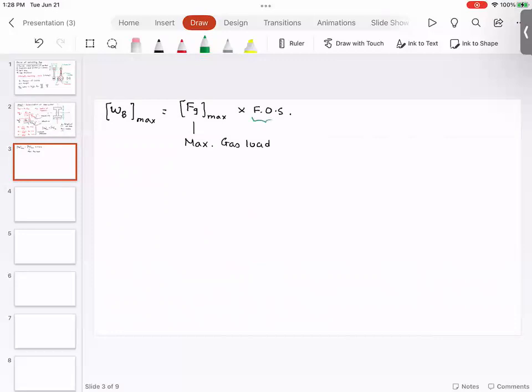And please understand this factor of safety is quite large, 5 to 6. So what it means is we find the total gas load, multiply that by a 6, we make it 6 times, and then we treat that as the maximum buckling load.